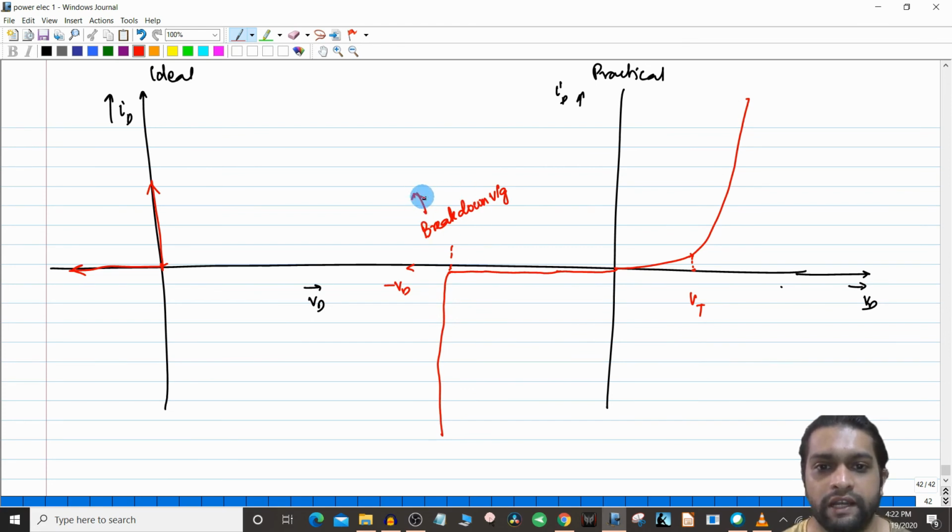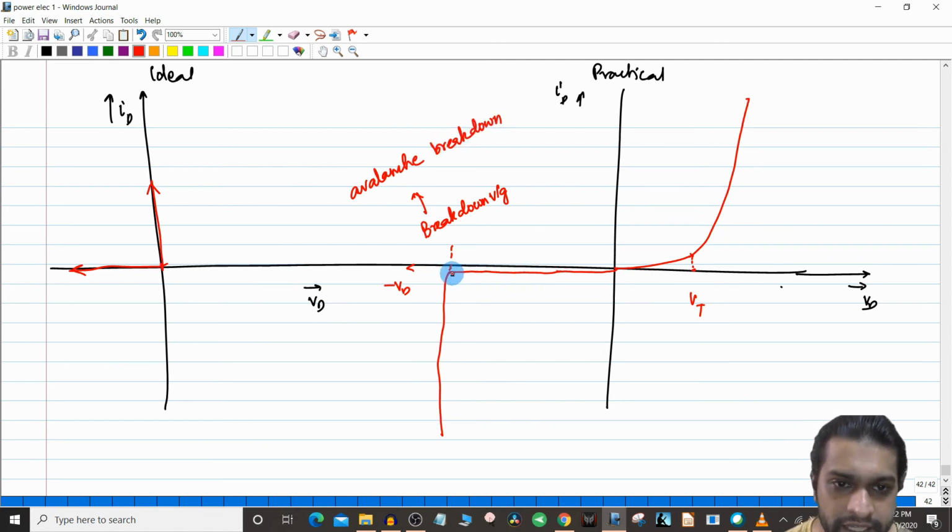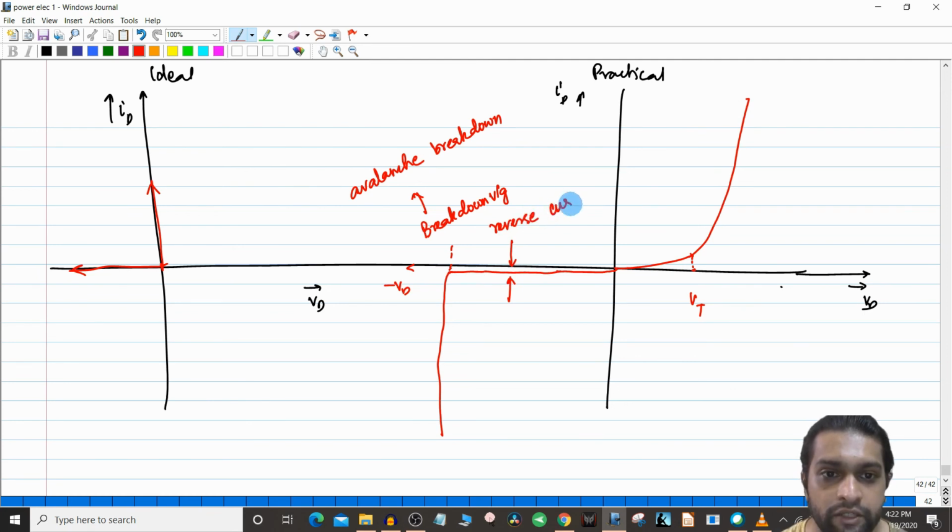You might have already learned this. This is also called the avalanche breakdown. Now you see here that the reverse current is constant irrespective of the negative voltage I was applying.